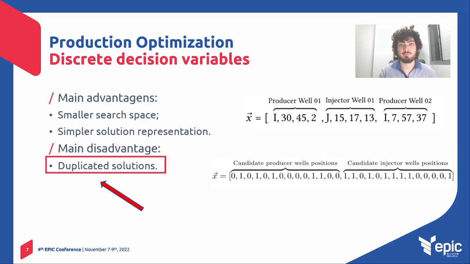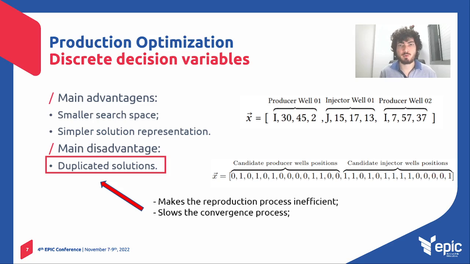Duplicated solutions impose a real threat for expensive problems like reservoir simulation, because they make the reproduction of evolutionary algorithms inefficient. Reproduction is a main aspect of evolutionary algorithms, where parent solutions are combined to generate novel strategies.